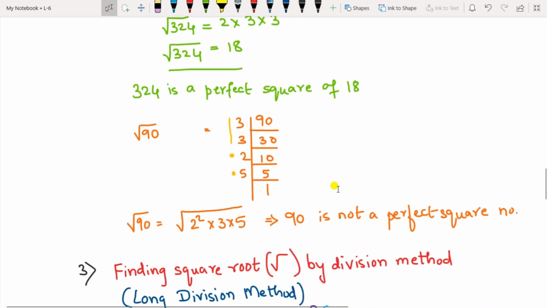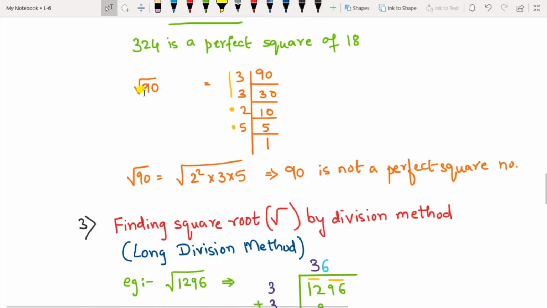For example, the second pattern is 90. If you take the number 90 and do its prime factorization, you can see that only 3 is in a pair, but 2 and 5 are not in a pair. They are single numbers and have not formed a pair. Sorry, this is 3 square into 2 into 5.